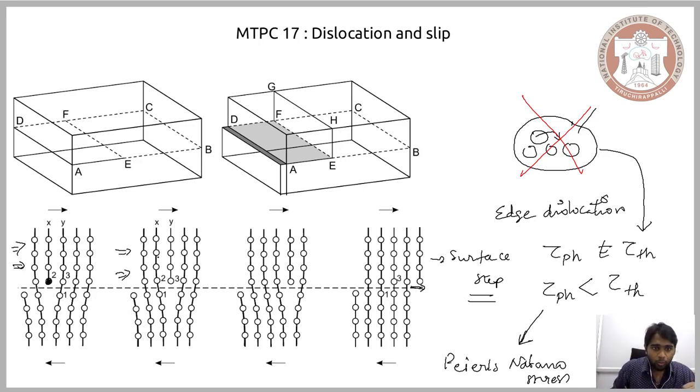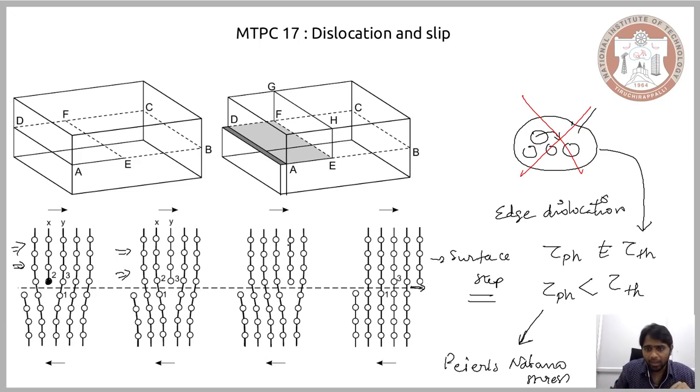So far, we have considered how an edge dislocation is able to bring about plastic deformation. The edge dislocation, by introducing the extra layer of atoms between the regular arrangement of the atoms, is able to bring about the plastic deformation, and this is achieved by the movement of this extra layer of atoms.